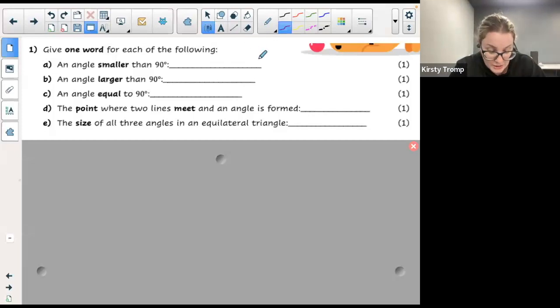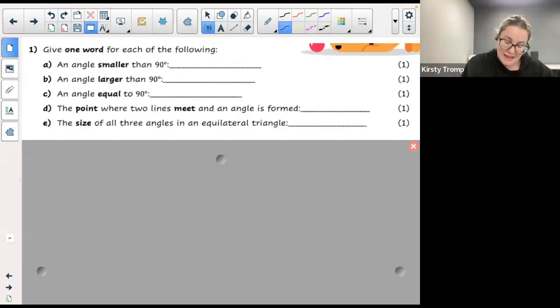All right, so let's have a look at some of these questions. Give one word for each of the following. An angle that is smaller than 90 degrees. Lungawa, tell me, what is an angle that's smaller than 90 degrees? What do we call it? Can you hear us? I can hear you, ma'am.